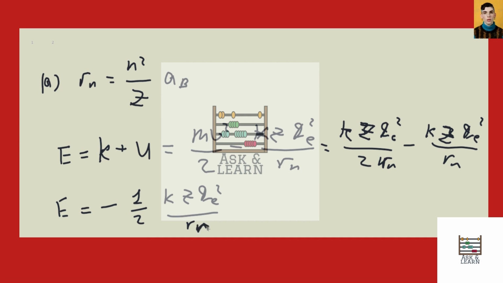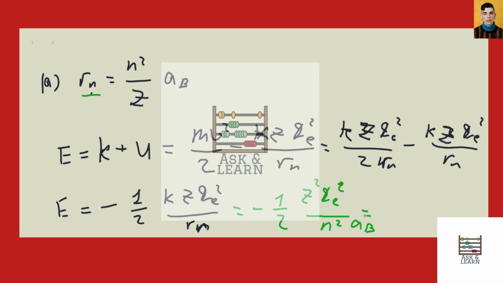And let's just plug this R_n here. So we'll have 1 over 2 k Qe squared and n squared a_B over Z, squared.